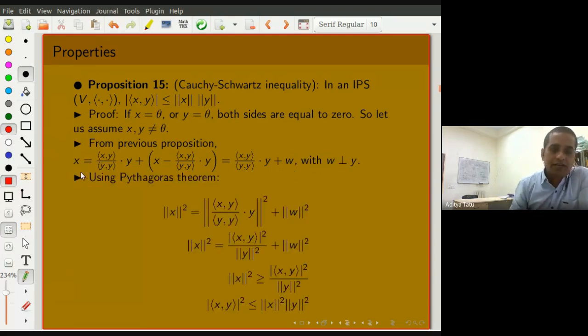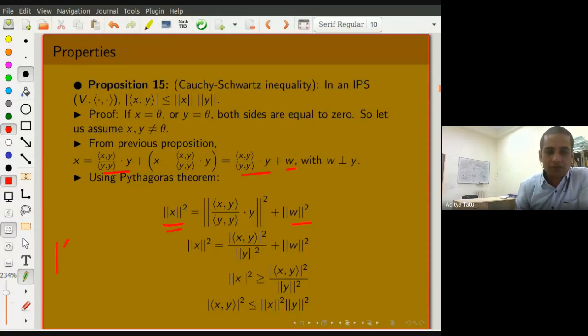Then, if x can be written as a sum of two orthogonal vectors, a times y and w, these two are orthogonal, so I can directly use the Pythagoras theorem. So the norm of x squared is equal to norm of ay squared plus norm of w squared. What is norm of ay squared? We can use the absolute homogeneity of the norm to get the absolute value of a squared, times norm of y squared.